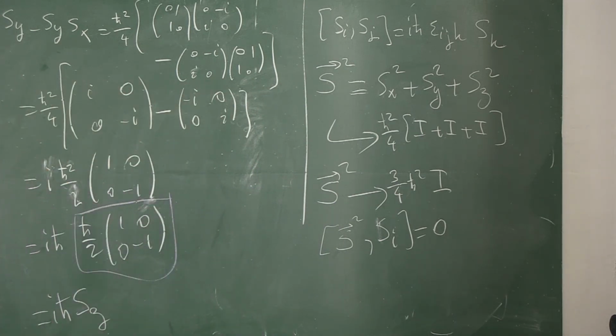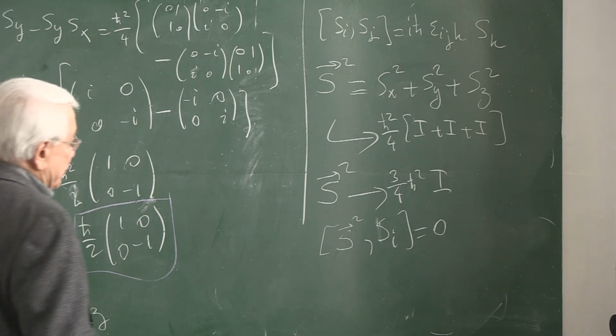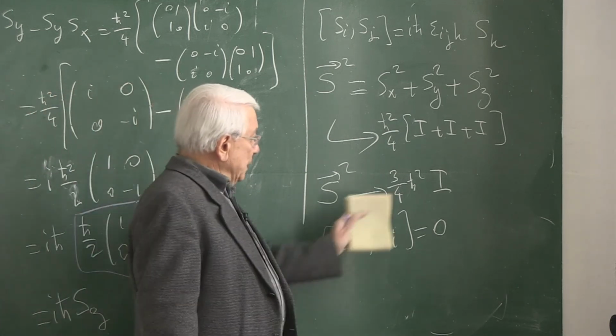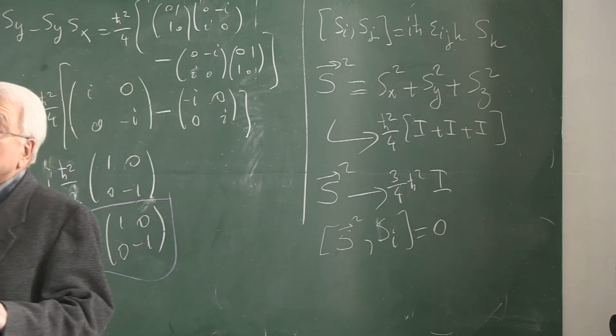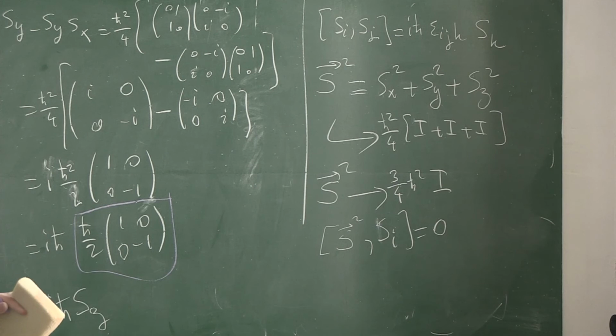Here, for the spin 1/2 case, everything has a 2 by 2 matrix representation, and S squared has an identity matrix corresponding to it. Obviously, identity commutes with any matrix, any operator. Therefore, you may wish to think that it is due to that feature, that it is identity, that S squared commutes with any component Si.